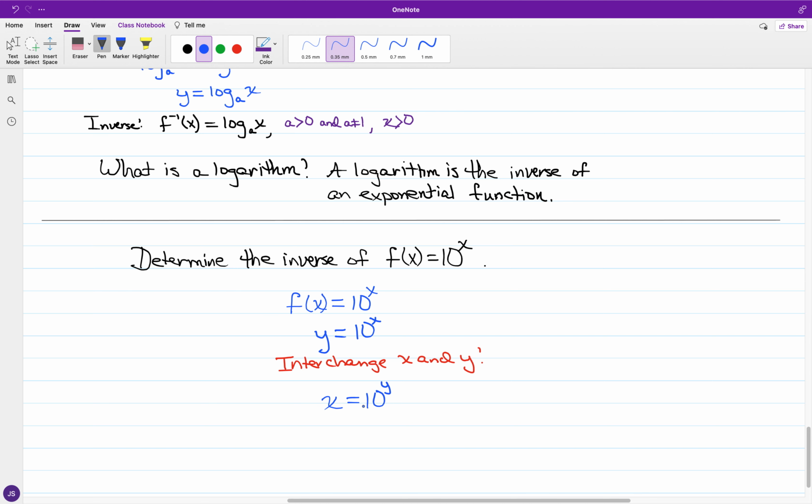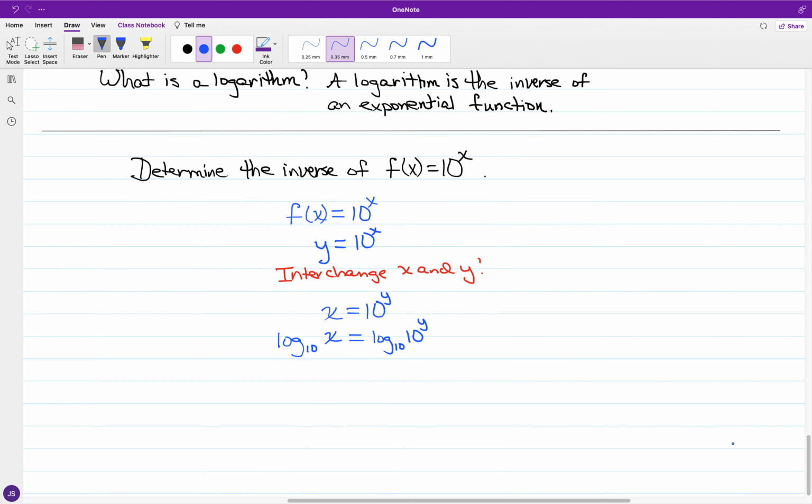In this case, the base a is base 10, so we're going to apply base 10 logarithms on both sides. The left-hand side is the base 10 logarithm of x, and to the right, the base 10 logarithm of 10 to the y reduces to y. The base 10 log and the exponential base 10 cancel each other out.